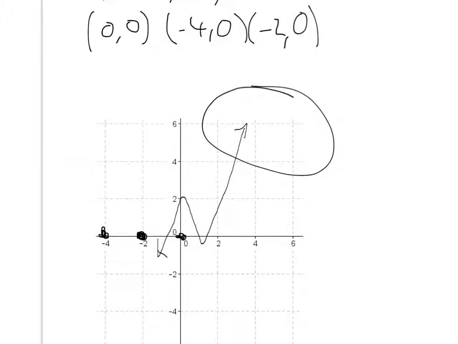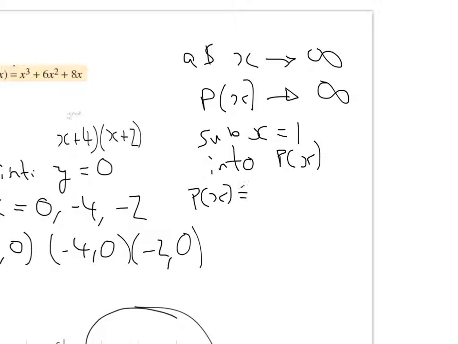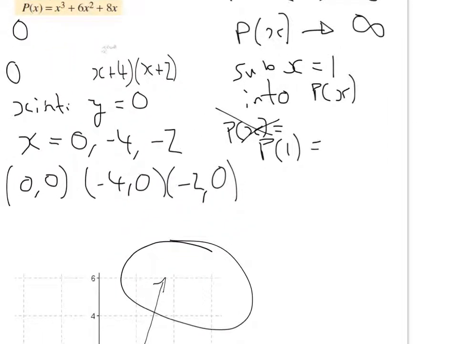So I should check. So I'm going to sub x is equal to 1 into p of x. So when p of 1 is equal to, because we know what x is, p of 1 is equal to 1 cubed plus 6 times 1 squared plus 8 times 1.